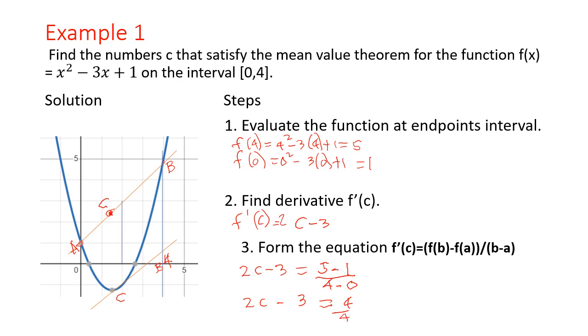So 2c equals 1 plus 3, so equals 4, therefore c equals 2. So c equals 2 is the number c that satisfies the mean value theorem.